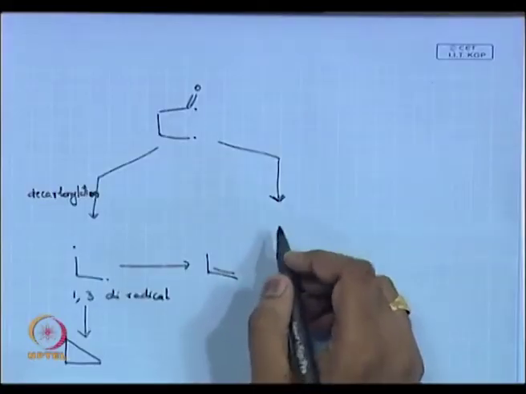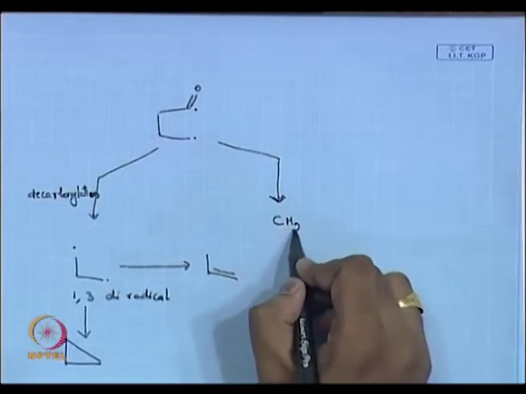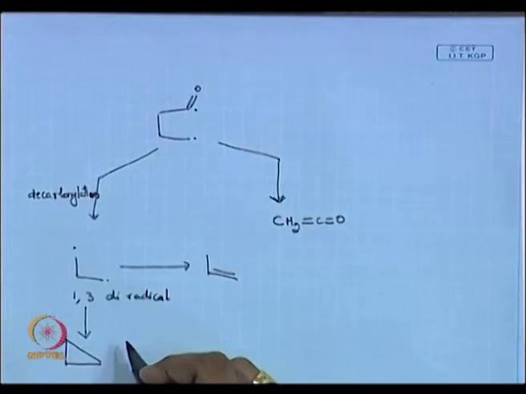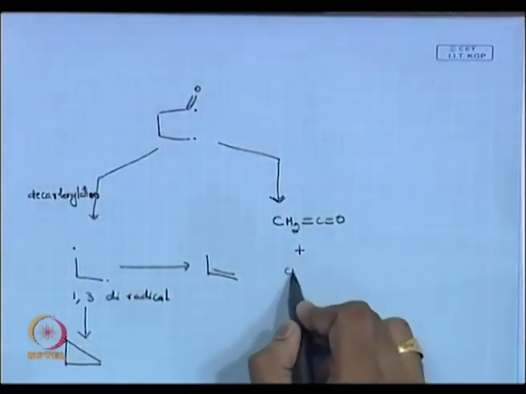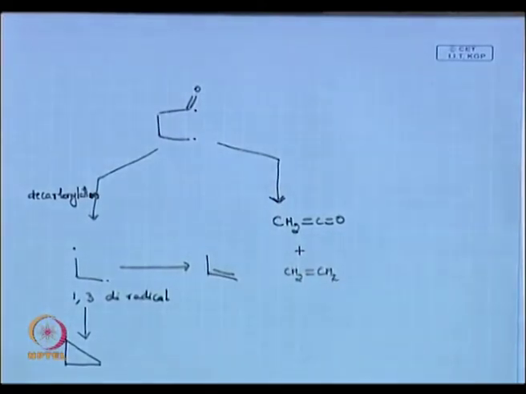So, if it does beta cleavage, then what do you end up with? You will end up with ketene, right, plus an alkene. So, it looks more like a 1,4 diradical system doing its beta cleavage.